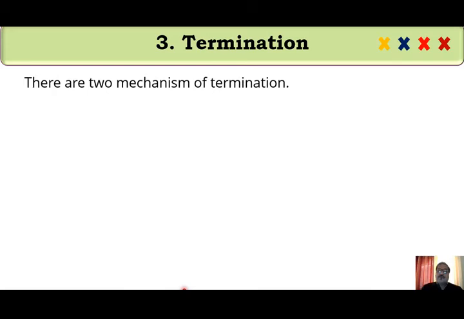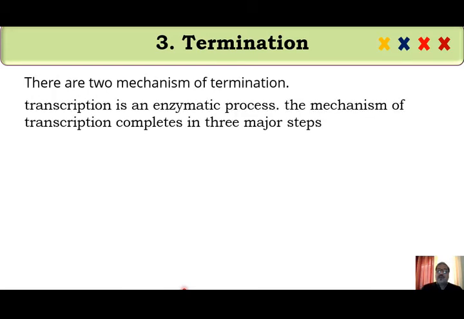As I've told you, in prokaryotes, there are two mechanisms of termination. One is rho independent and the other is rho dependent. First, let us see the rho independent type of termination.